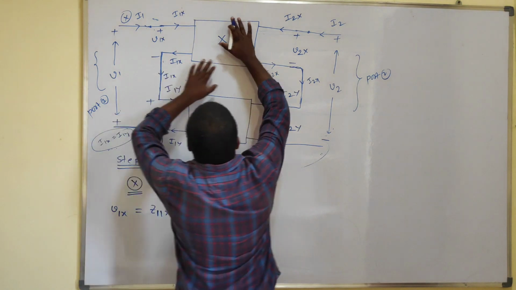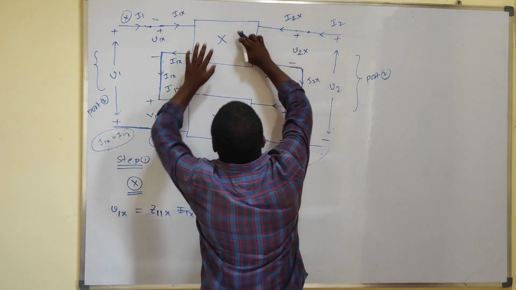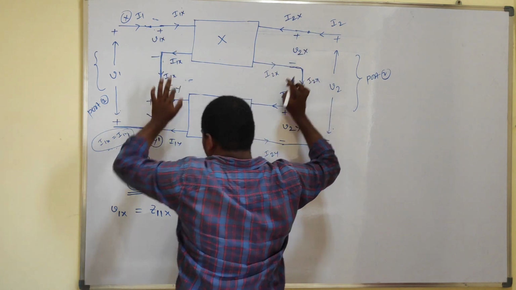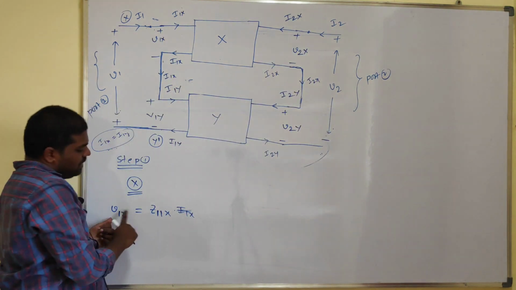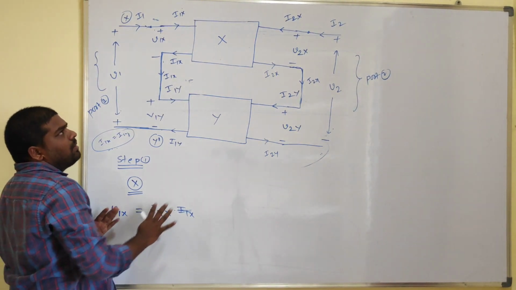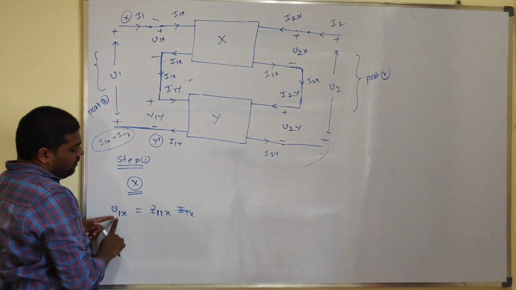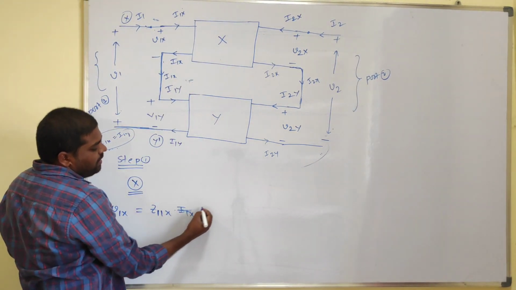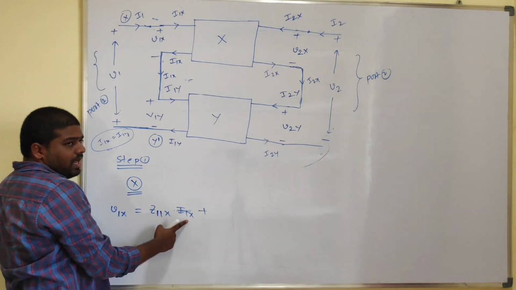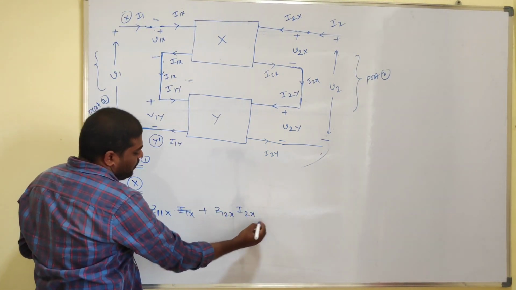For this network the variables are V1x, I1x and V2x, I2x. Using these four variables, Z parameters can be defined for only this X two-port network. V1x equals Z11x into I1x plus Z12x into I2x.